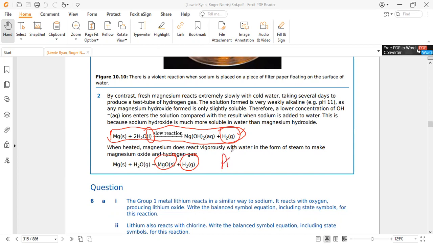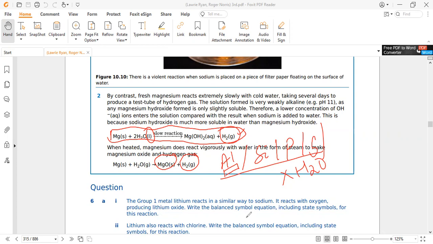Likewise, the other elements, aluminum, silicon, phosphorus, and sulfur, do not show any significant reaction with water at room temperature or even at high temperature, because of the very protective oxide layer and the strong bonding between the particles, so water cannot easily interact with these elements.